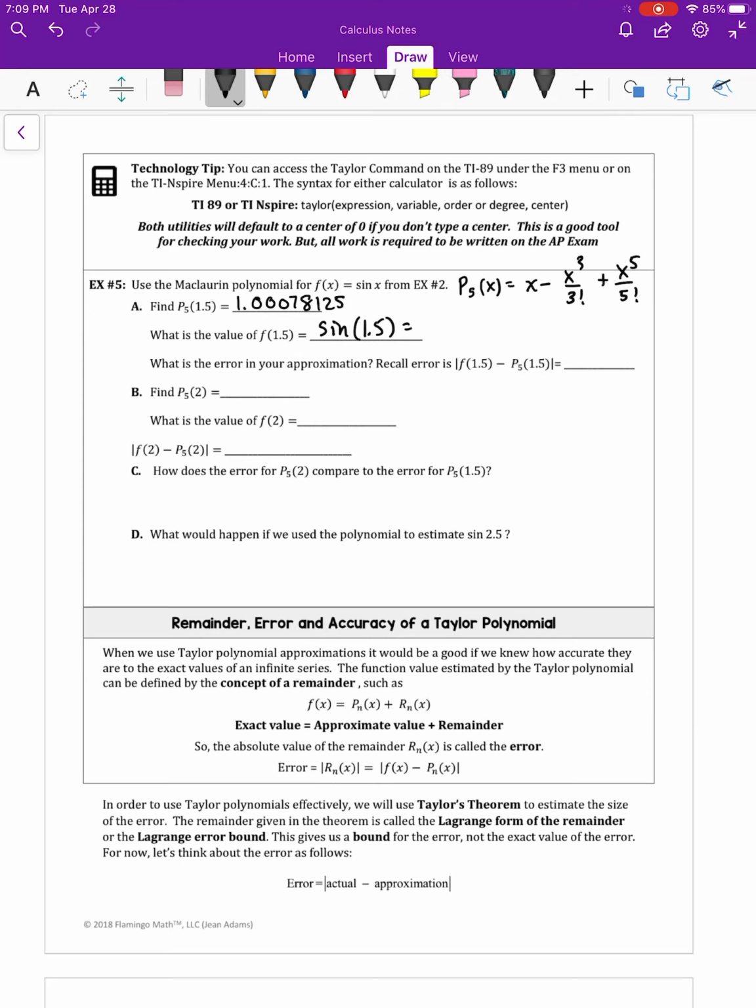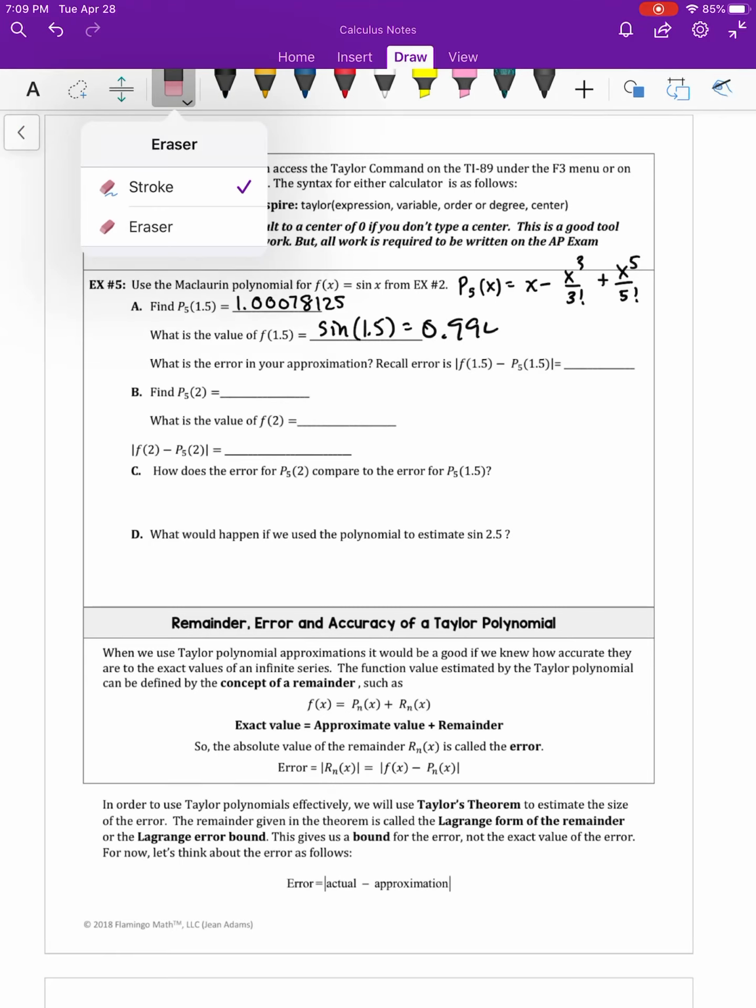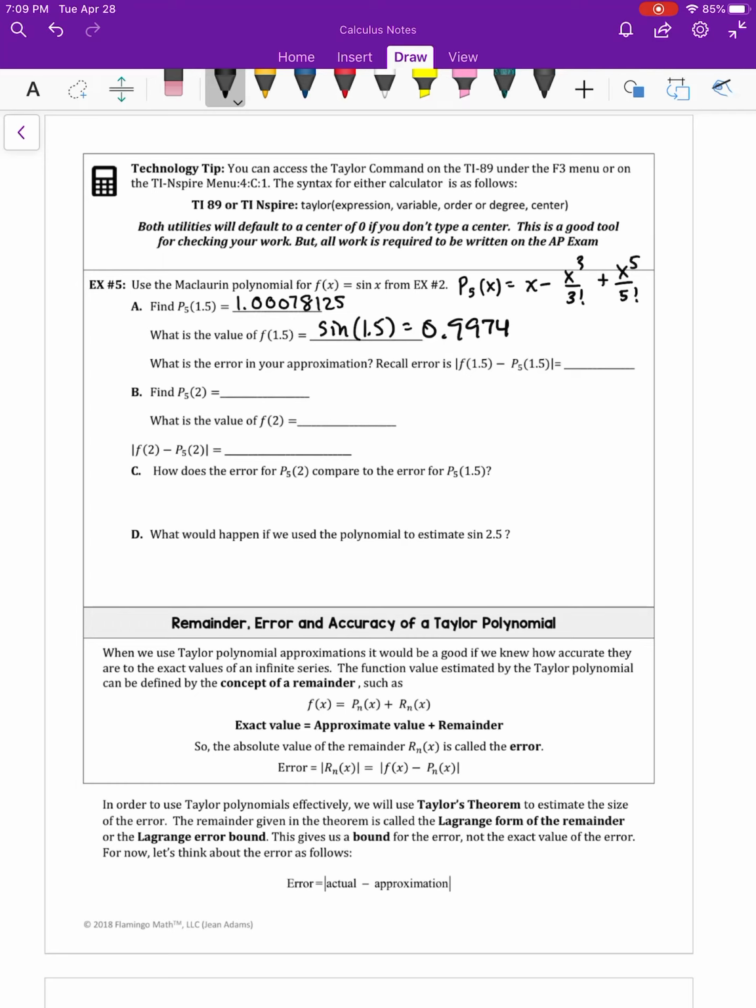And if we put sine of 1.5 in our calculator, we get 0.9974949 86604.